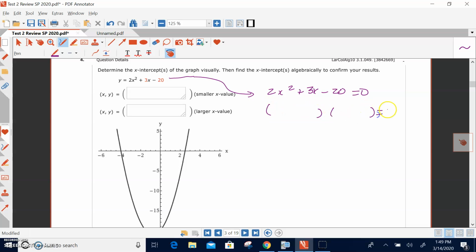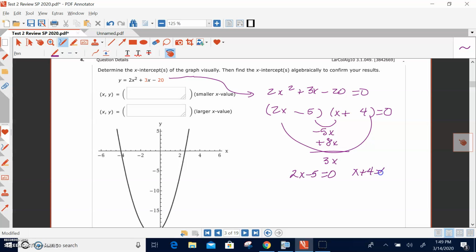I would do some factoring, see if it factors a 2x and an x. 20 would be 4 times 5. 4 times 5, because this part's a 5x, this part's an 8x, and if the 8 is positive and the 5 is negative, I get 3x, which is what I was looking for in the middle. So negative, positive, and if I set those to 0, I would solve this one and get a 5/2, and I would solve this one and get a -4.